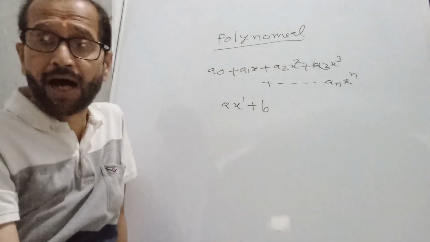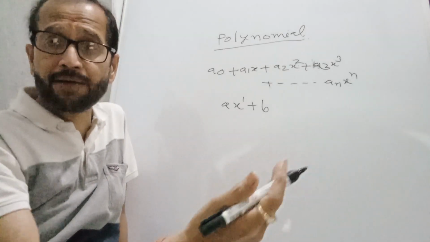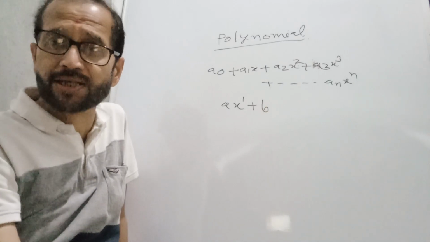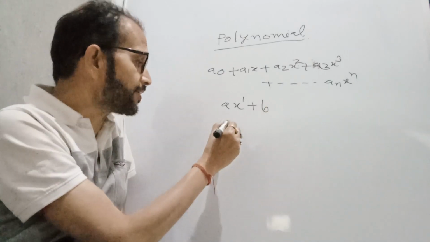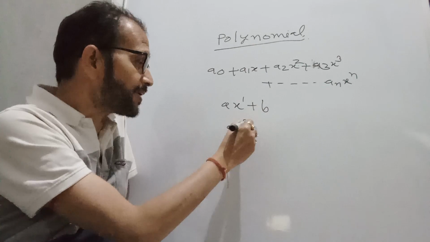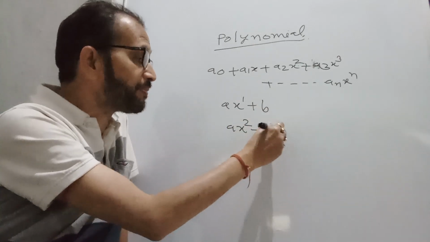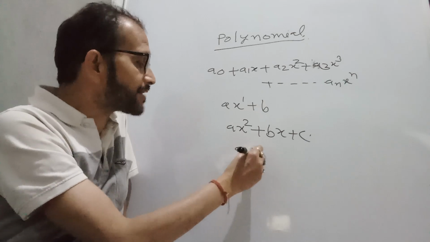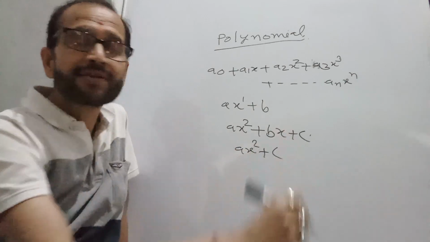If the highest degree of variable is 2 in any algebraic equation, then it is called a quadratic polynomial, ax square plus bx plus c, or you can write it ax square plus c.